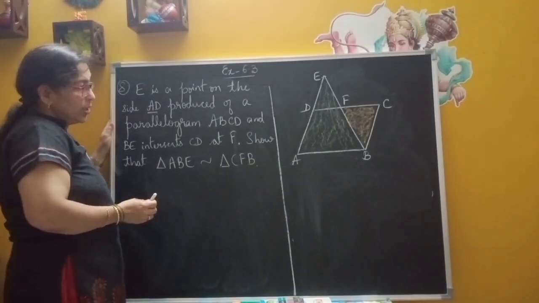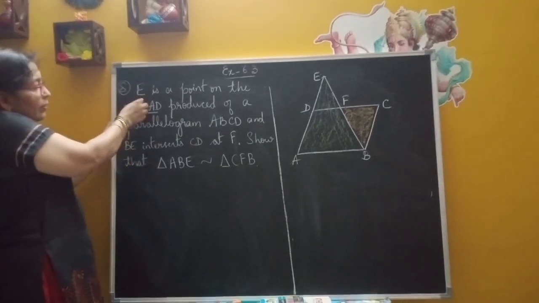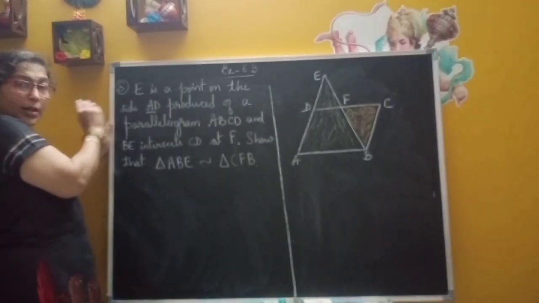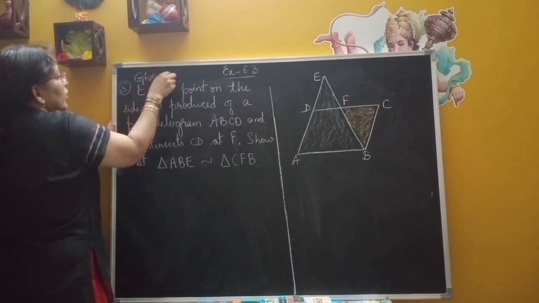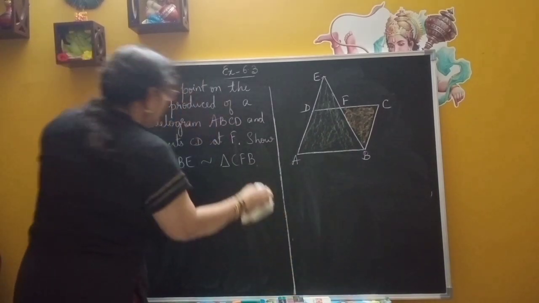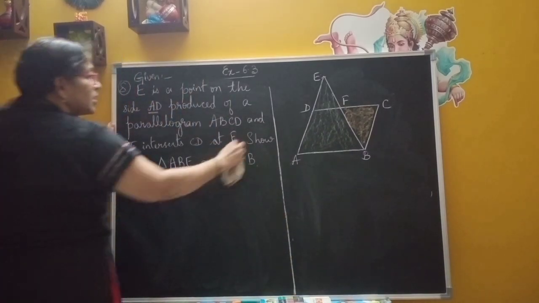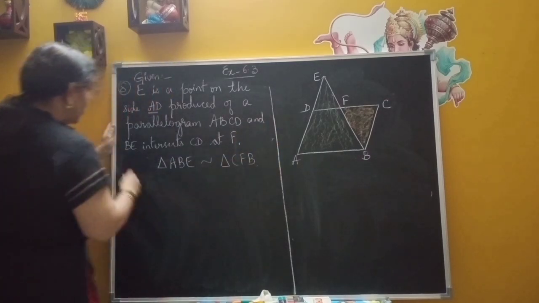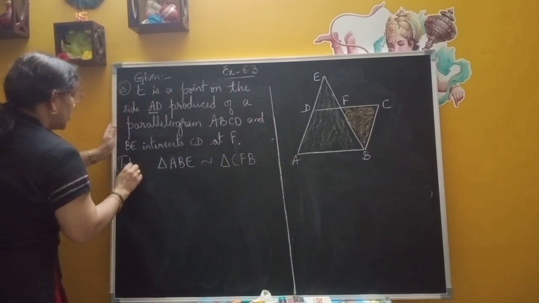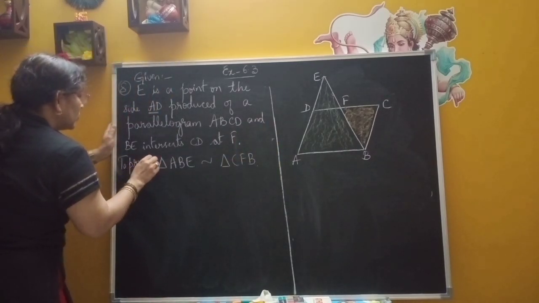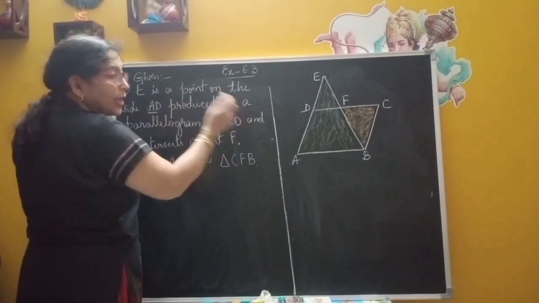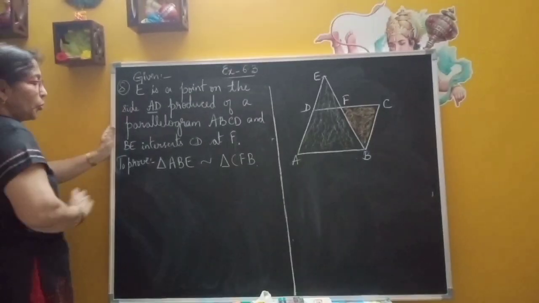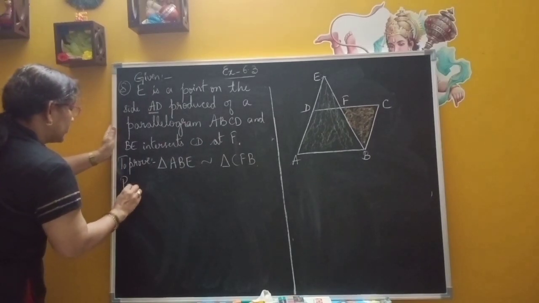How to prove this now? See the given part, we have to write it as it is. This is the given part, and this is what is to prove: triangle ABE is similar to triangle CFB. Let us write the proof.